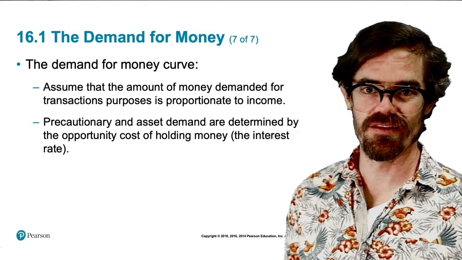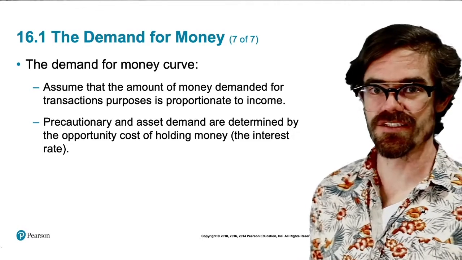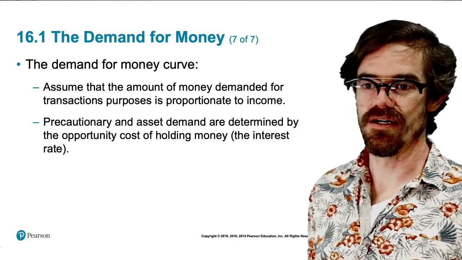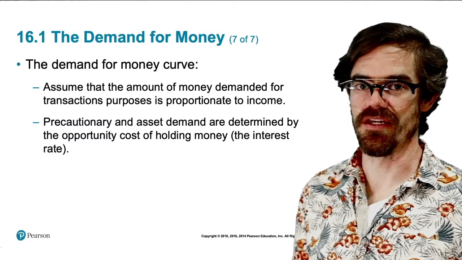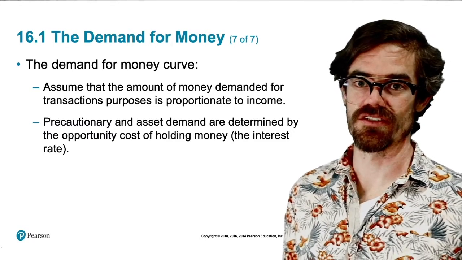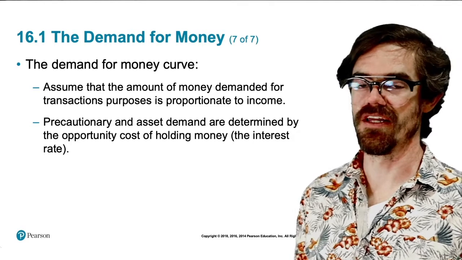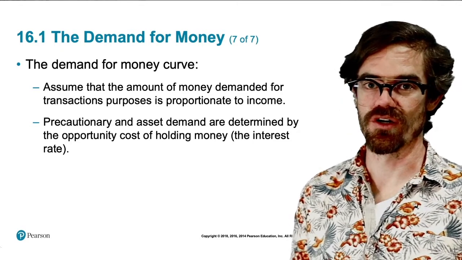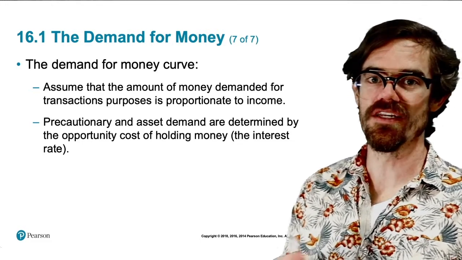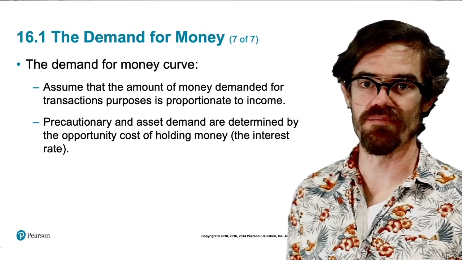But in any case, by putting your money in some sort of store of value, you're engaged in the opportunity to earn interest on it typically, whereas if you spend it, you're giving up that opportunity. So the amount of money that you want to store, either for precautionary or asset demand purposes, is going to be influenced by what you can get in interest payments by keeping it in a savings account, a bond, or a stock.